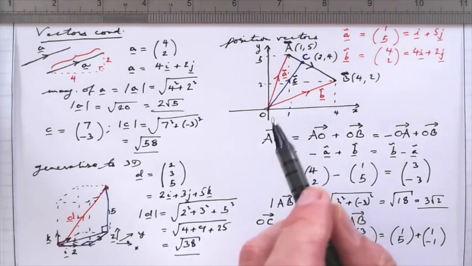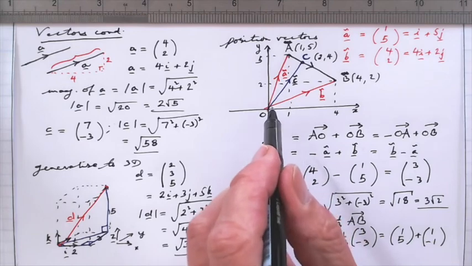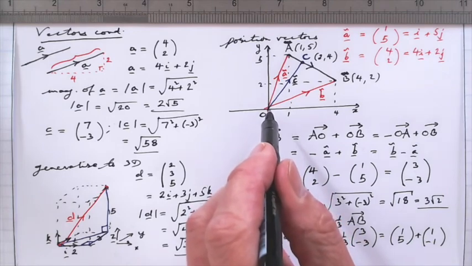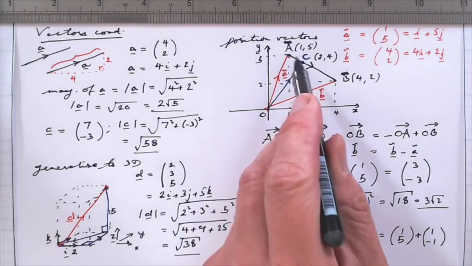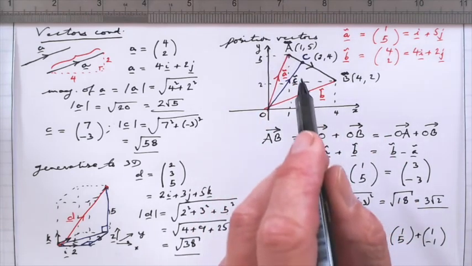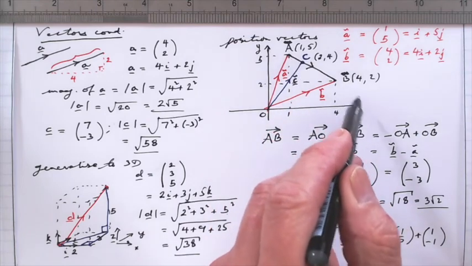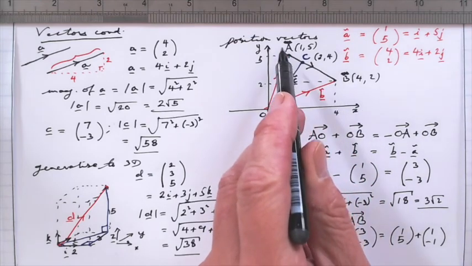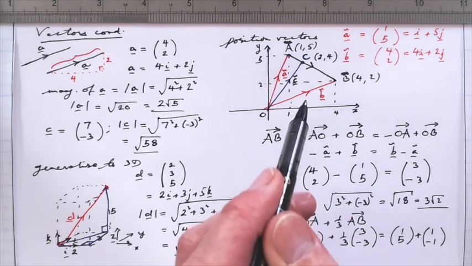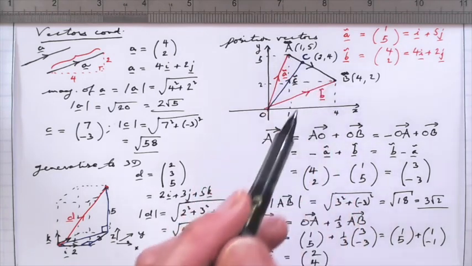And the final topic was looking at position vectors, where we essentially tie vectors to the origin to then point to coordinates in a coordinate system. That's a very helpful way to quickly do geometry in a plane. So here we were able to quickly talk about this line segment. We could represent it as a vector.